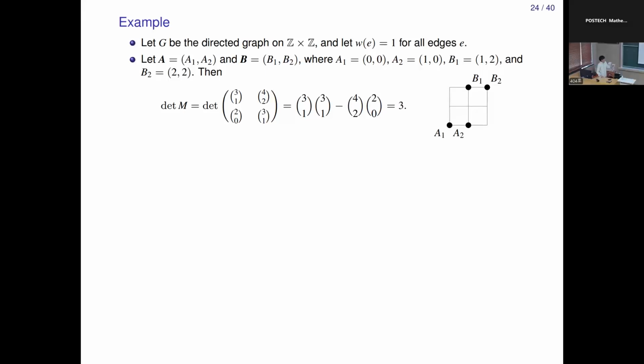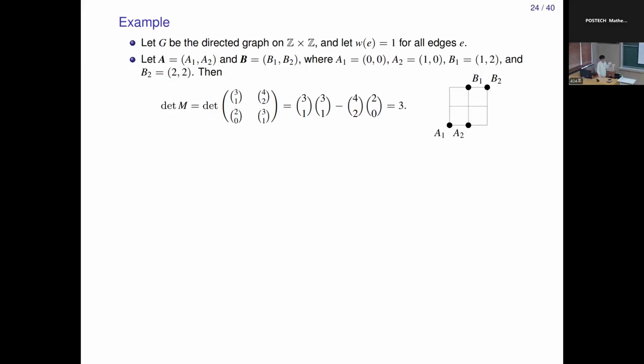So this is like 3 choose 1. And this means the number of paths from A1 to B2. So this is 4 choose 2. And similarly here, the number of paths from A2 to B1. And this is the number of paths from A2 to B2. So if you compute this, you get 3.